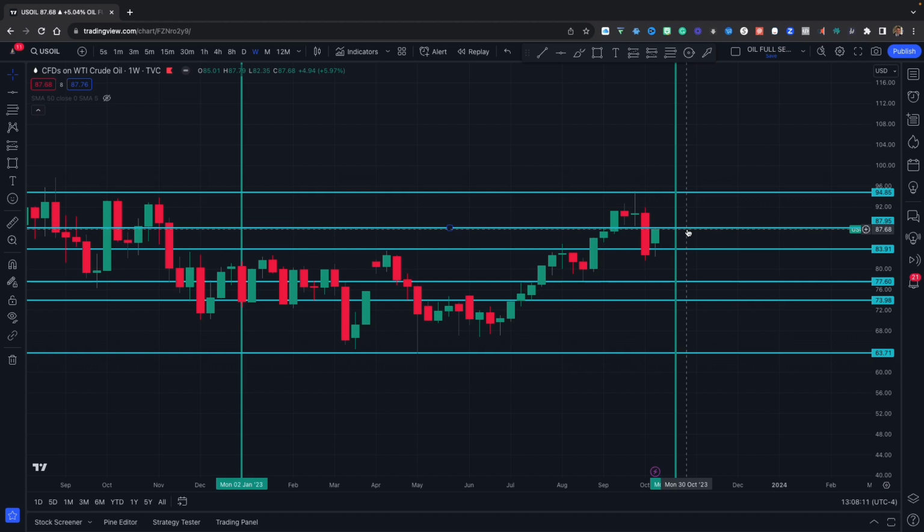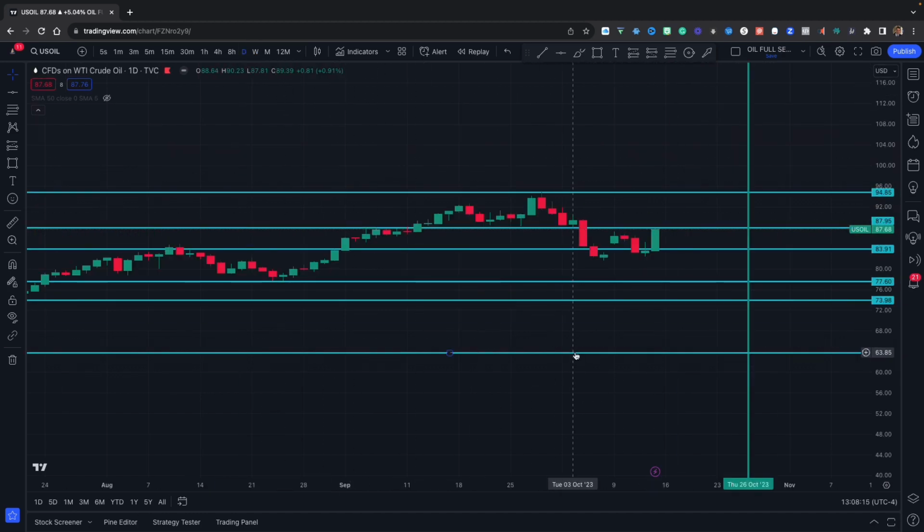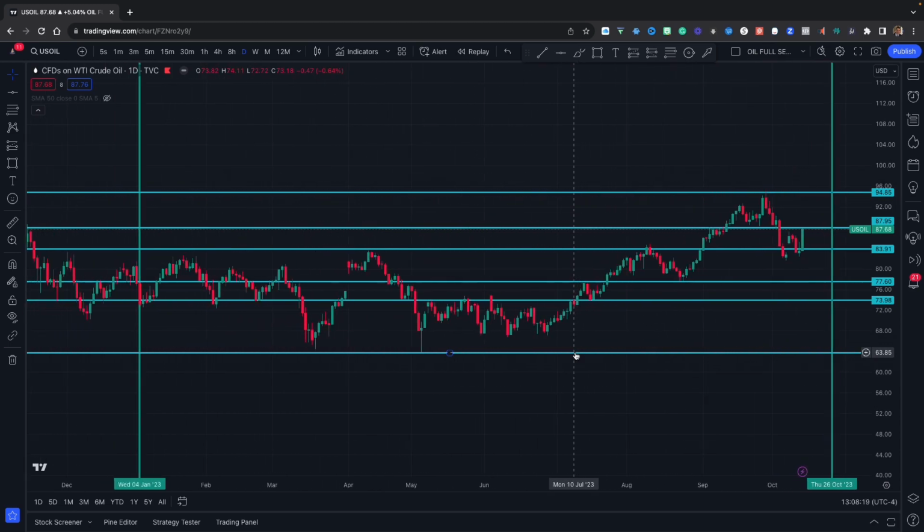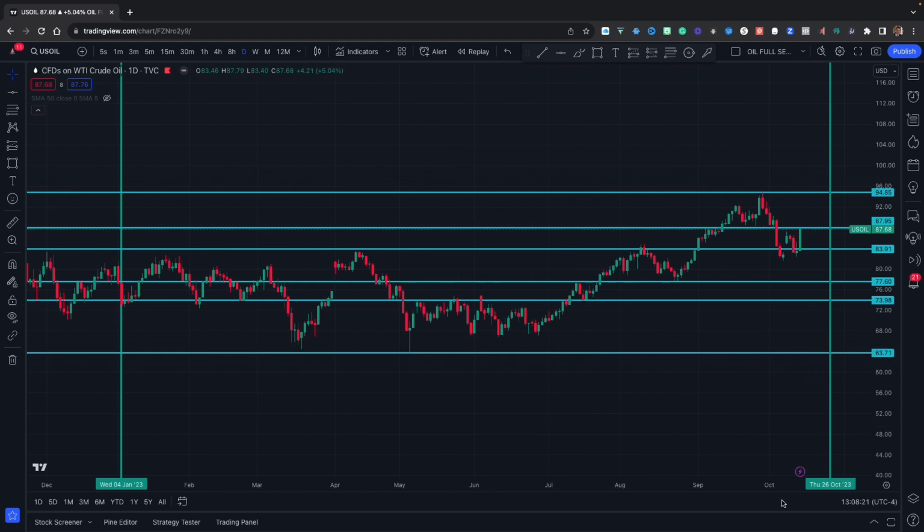So what we want to do next is drop to this daily chart, because now we can begin to see a little bit clearer where price has been. And again, I just want you to look at that chart for a second and see how crude oil, okay, WTI oil, has moved in 2023.